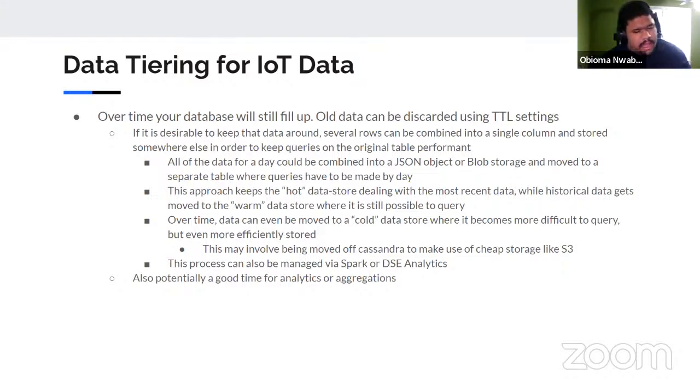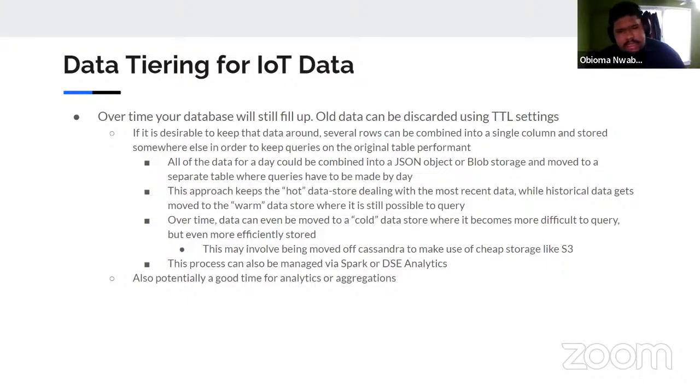But if you want to keep that historical data, which you often do, there are ways to do that without just continuing to buy more and more storage space. So something you can do is aggregate or combine all the measurements for several rows.